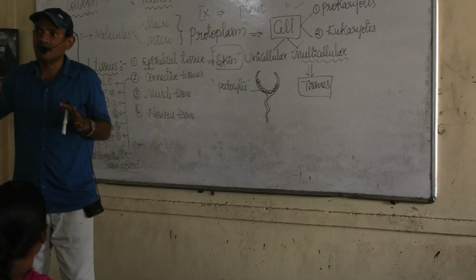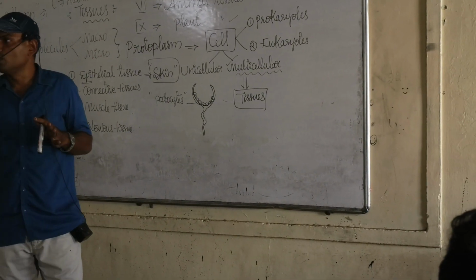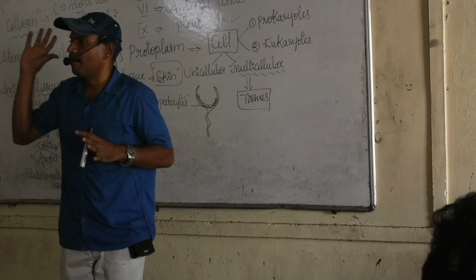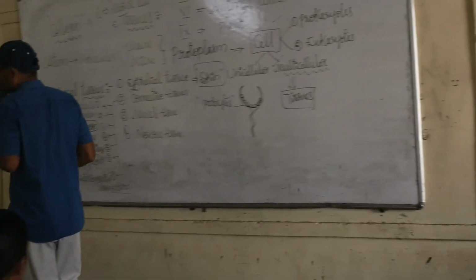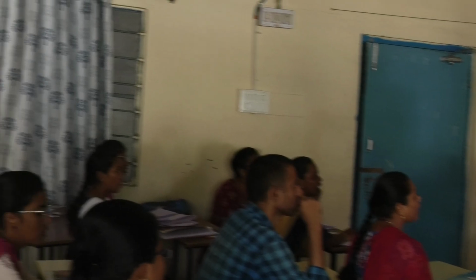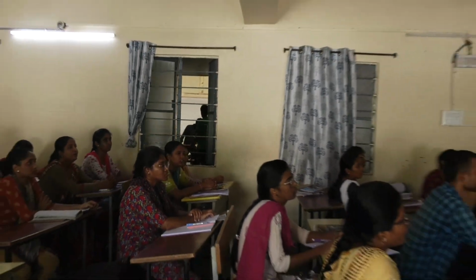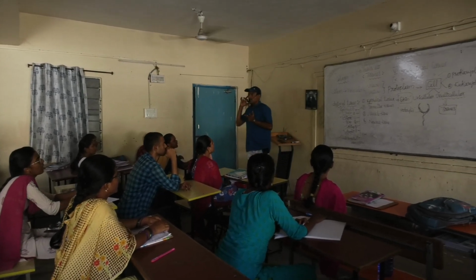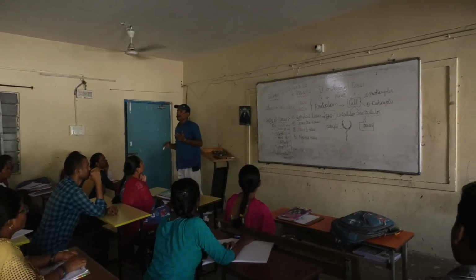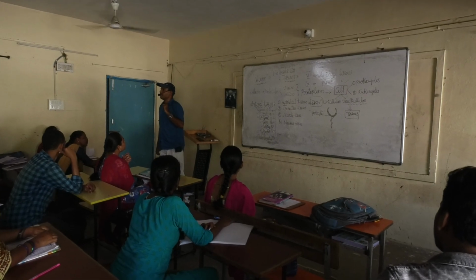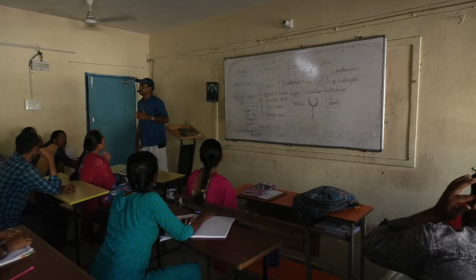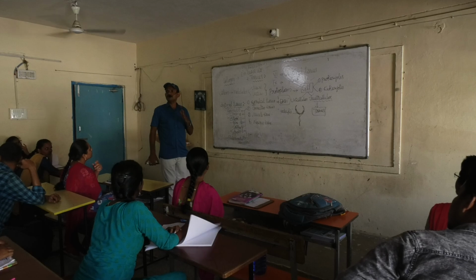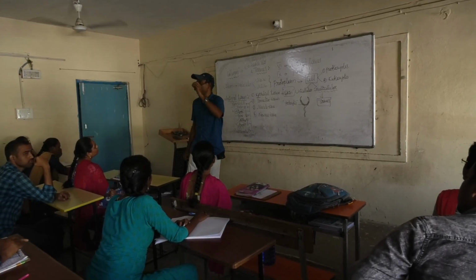Because of that, human beings are called the walking museum of vestigial organs. How many total vestigial organs are there in the human body? 180. Any two examples? Ear lobe, hair on the skin, appendix and tailbone. All these are examples of vestigial organs.